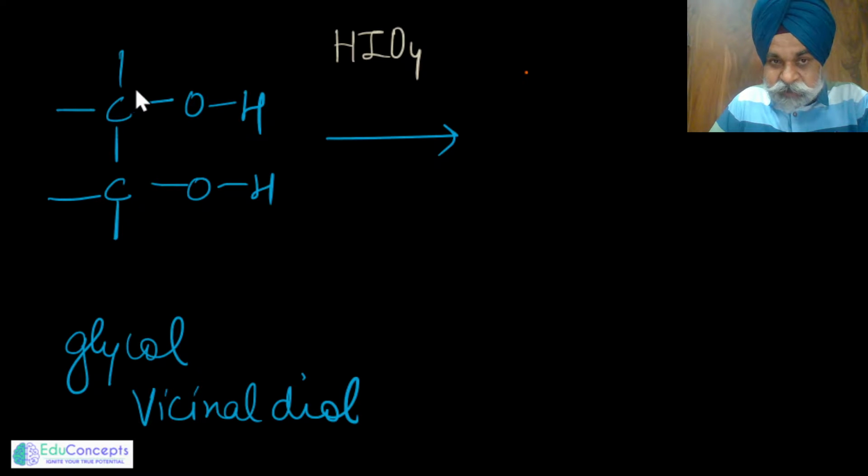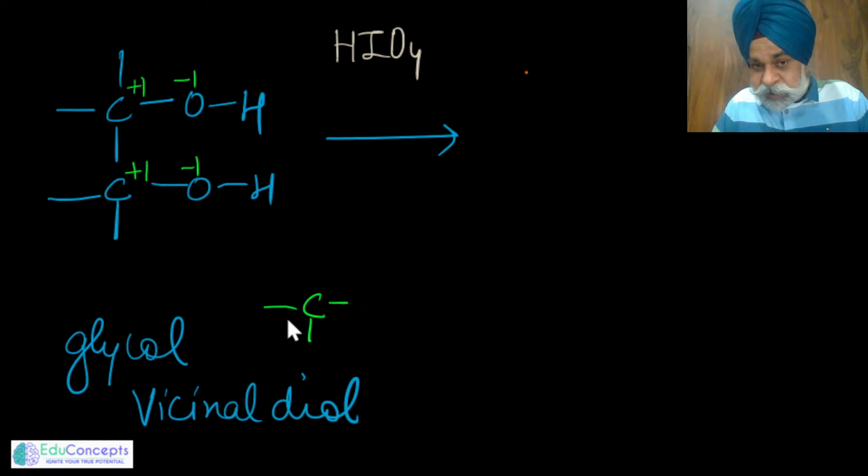Here, if you look at it, the oxygen is in -1, this is in +1, this is in +1, this is in -1. So the adjacent carbon should be attached to oxygen either through an OH bond or through a C double bond O bond, something like this, if this is also there in the starting material.